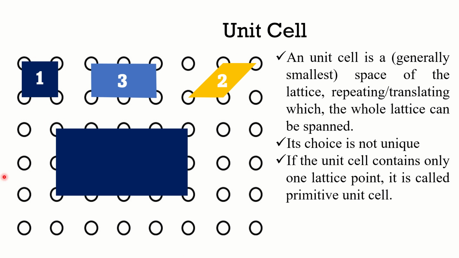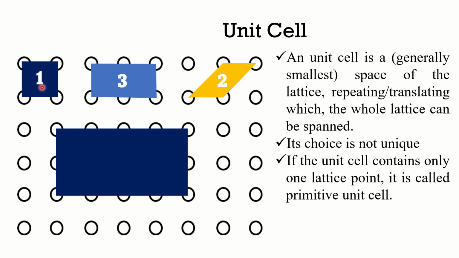So in this 2D structure, around this point, I have 4 unit cells. So each of these points is shared by 4 unit cells. So 1/4 of this corresponds to this unit cell, and 1/4 of this corresponds to this unit cell.